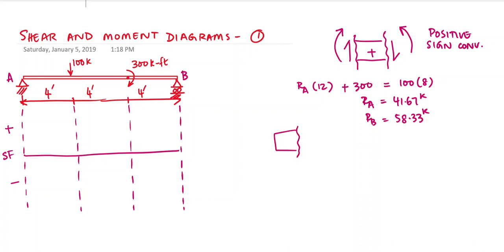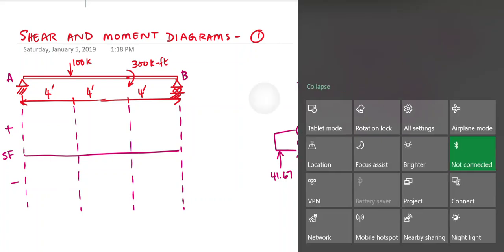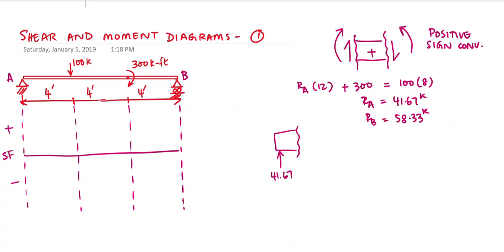The reaction at A, you have found, is 41.67 acting up, and therefore there has to be an internal shear of 41.67 to the right of the cut acting down. That's positive as far as the sign convention is concerned.